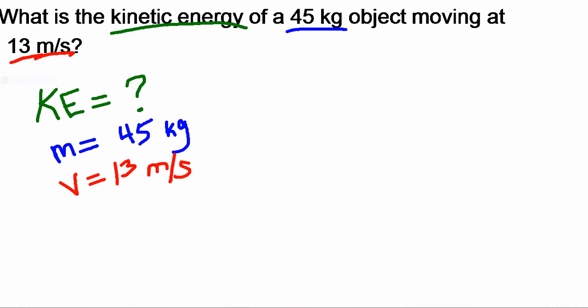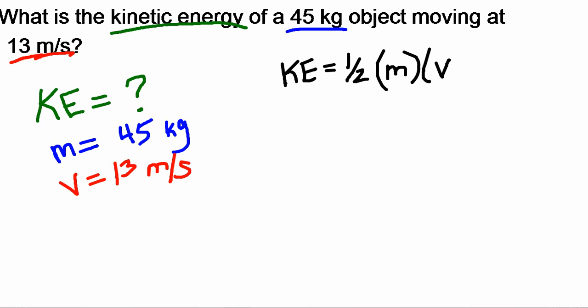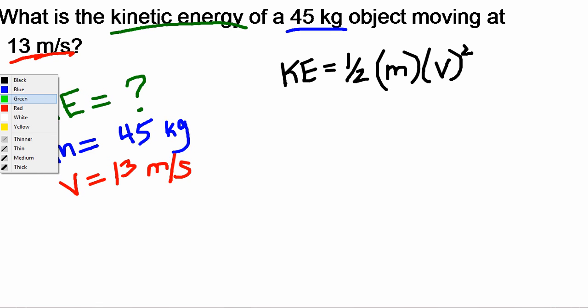So step number 2 down, I've identified my variables and I've figured out what the question is asking me. Next, I am going to write my equation. Kinetic energy equals 1/2 times my mass times my velocity squared. So time to insert my variables.